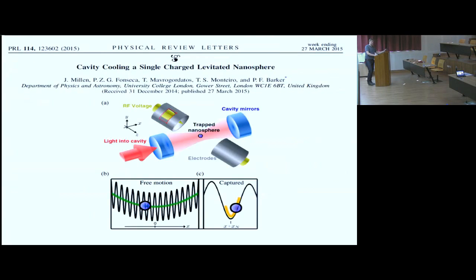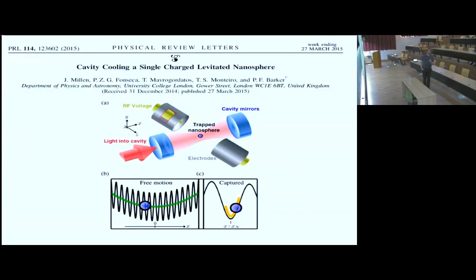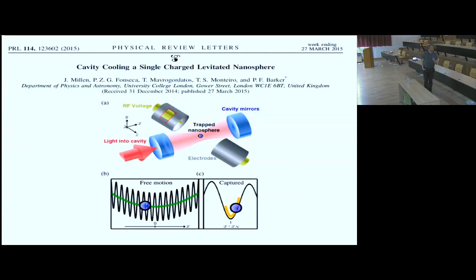Here is Peter Barker's experiment. He is also doing levitation, but he is using a charged particle, an ion, and he has what he calls a hybrid trap. He has basically a Paul trap, which is this thing here, which is trapping the particle and holding it. It's a very deep trap, very stable, so it's really easy to keep the ion in the trap. Then he has an optical cavity which is overlapping with the trapping site.